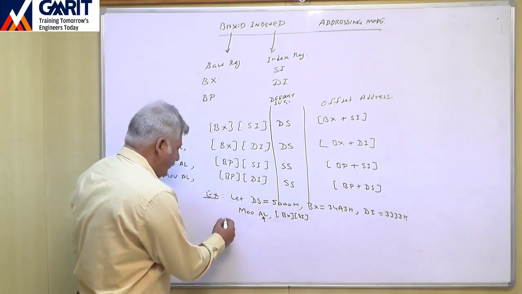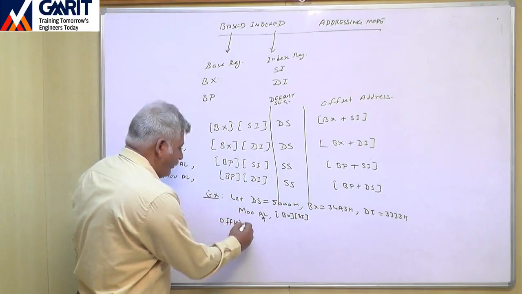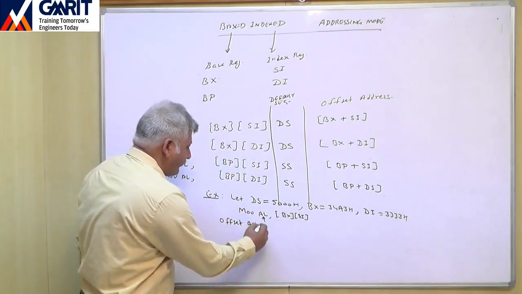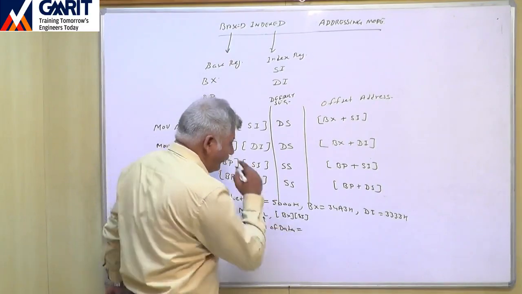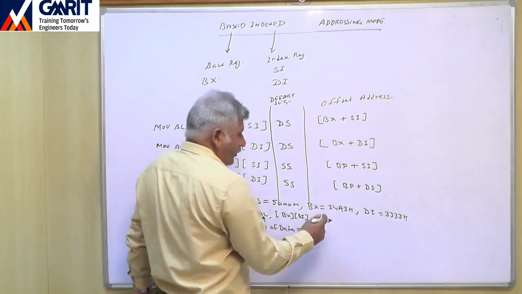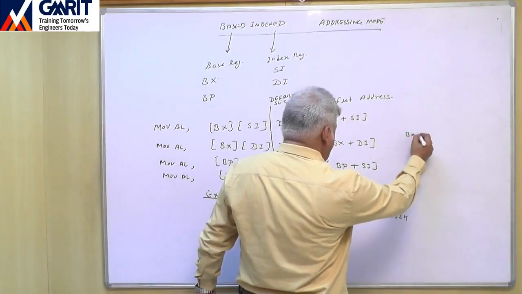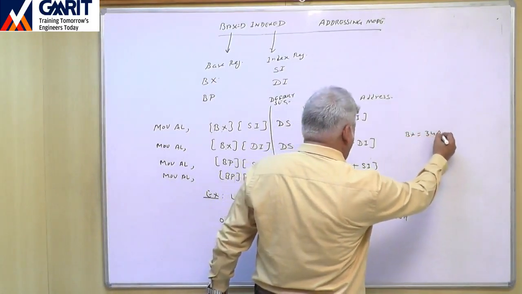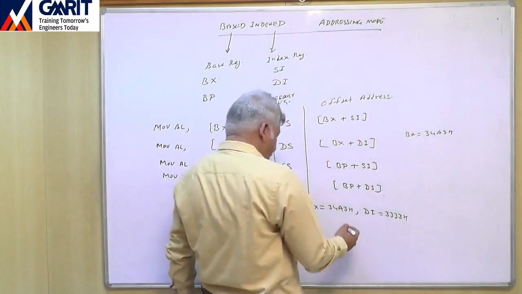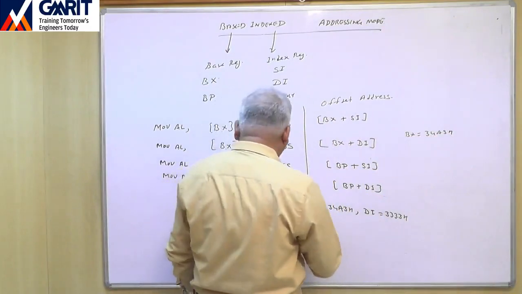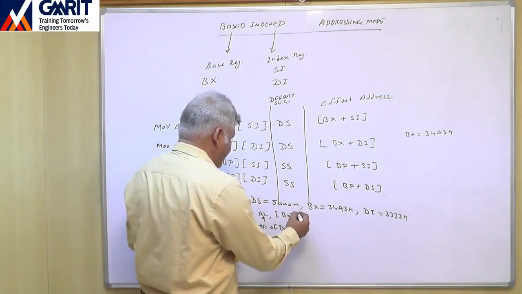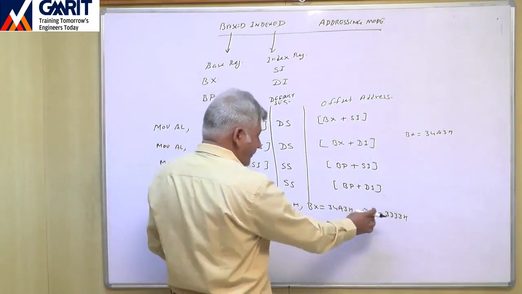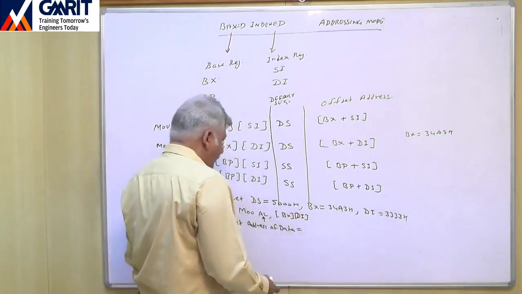So here the offset address of data will be: the BX register is 34A3H and SI. Sorry, here we have taken SI, we'll change it to DI, because we have given the value in DI.